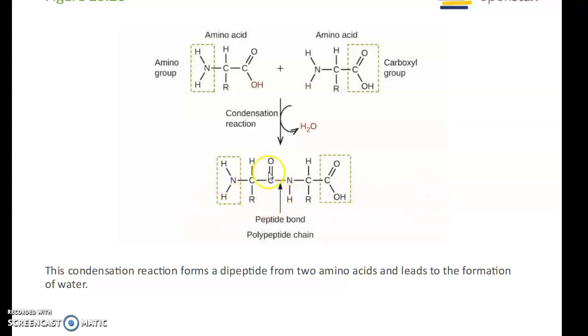So it's a combination of these carbonyl groups and these amine groups, the carboxylic acid group and the amine groups here. So this is the way in which they are formed.